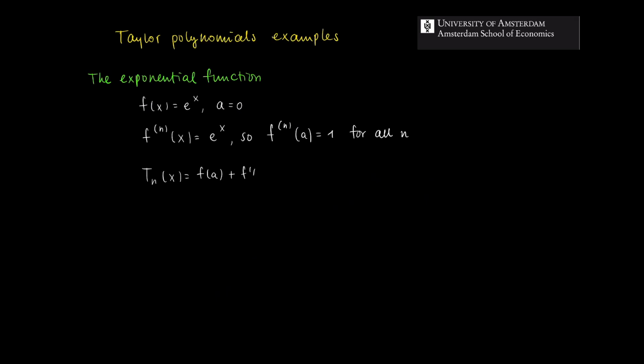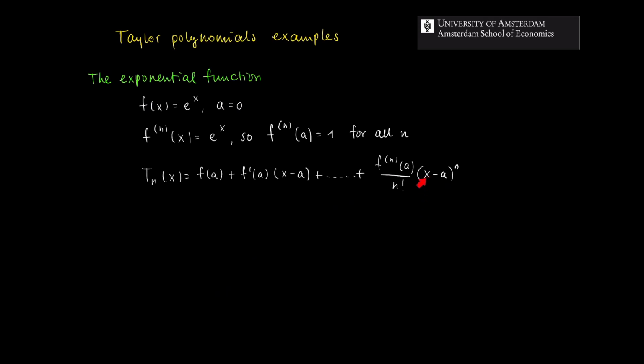The Taylor polynomial is defined by this formula, right? So we get the Taylor polynomial at a, then we sum up over the nth order derivative of f at a divided by n factorial times x minus a to the power n. Now we just plug in the fact that all our derivatives at a equals 0 are all 1.